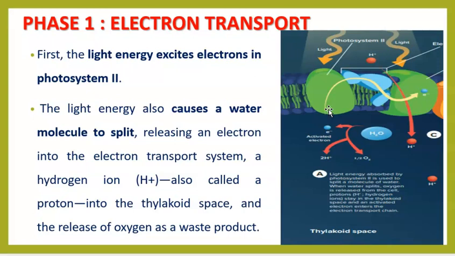Photosystems contain pigments that absorb light of different wavelengths. There are two photosystems in photosynthesis: photosystem 1 and photosystem 2. Photosystem 1 absorbs light at around 700 nanometers. Photosystem 2 absorbs light at around 680 nanometers.